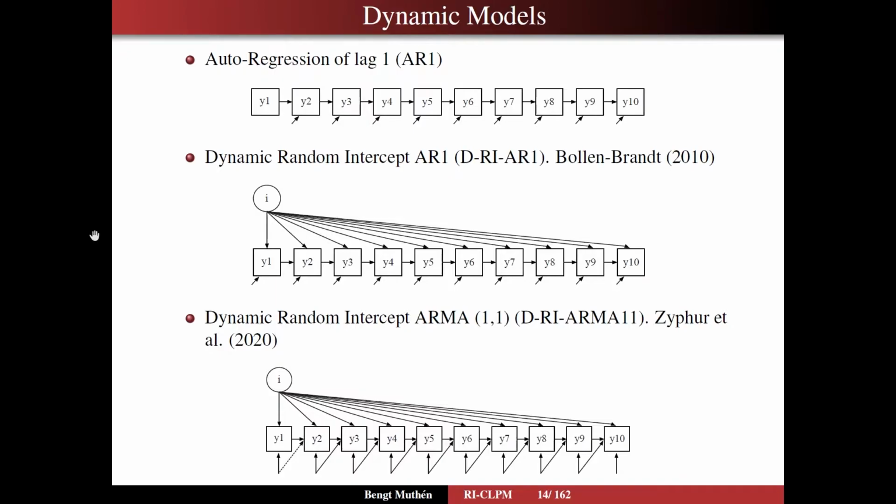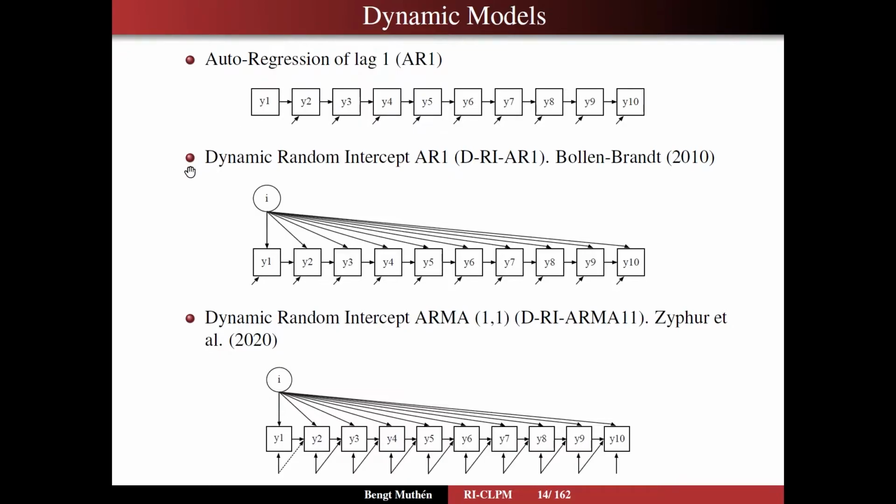We're going to call them dynamic models, meaning that, as in the first case, y2 is regressed on y1, y3 regressed on y2, etc. That is, you have direct regression relationships between the y's of the observed outcomes. Here you have an autoregression of lag 1, because y3 is influenced only by y2, not by y1.